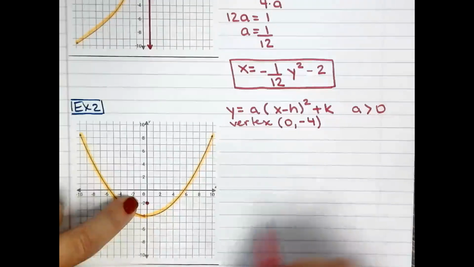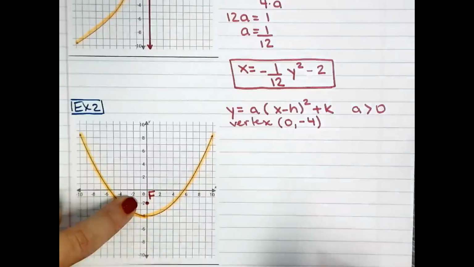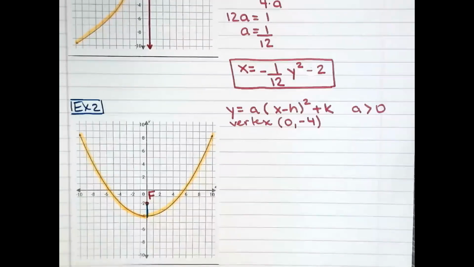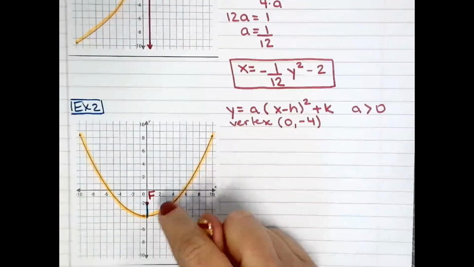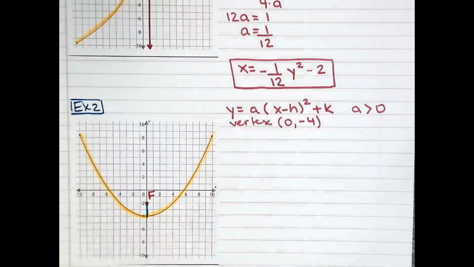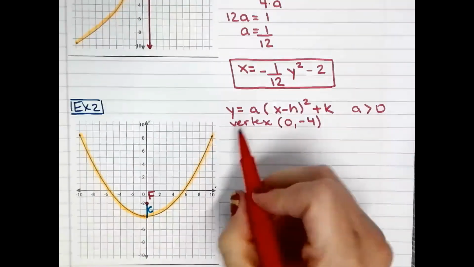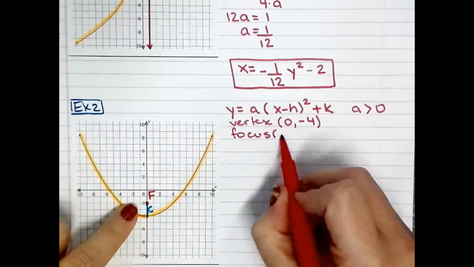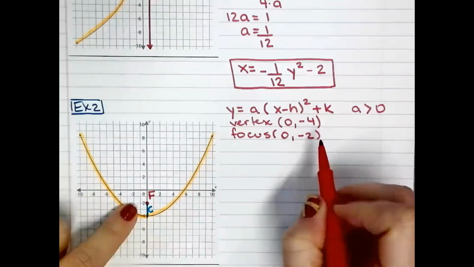Now this point right here, that's the focus. The focus is on the inside of the parabola, not on the line. It's inside the parabola, and I can tell that c is 2 right there. So I have focus is 0, -2.